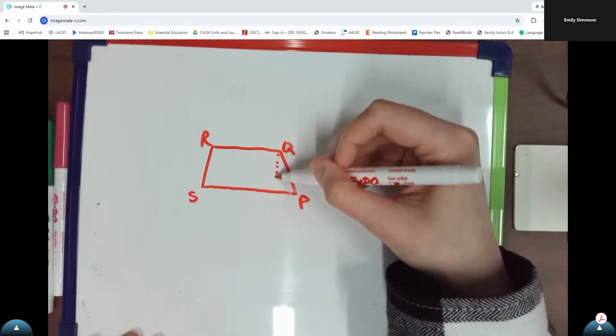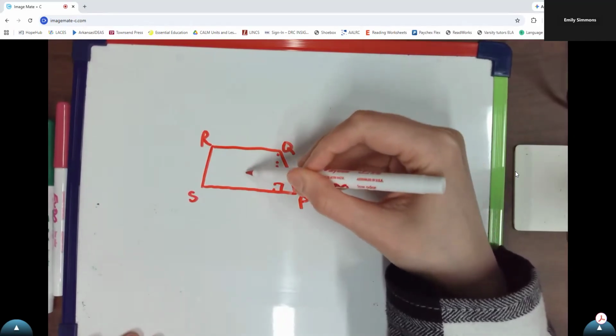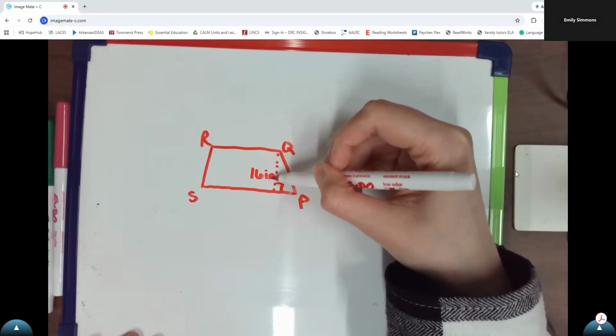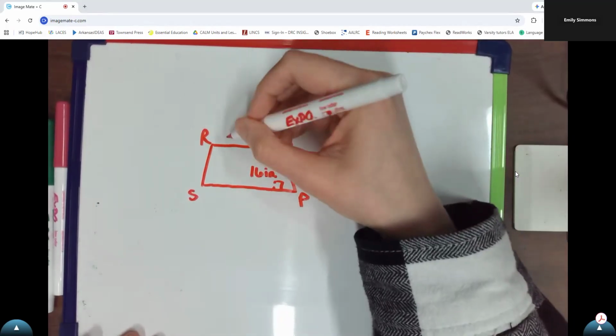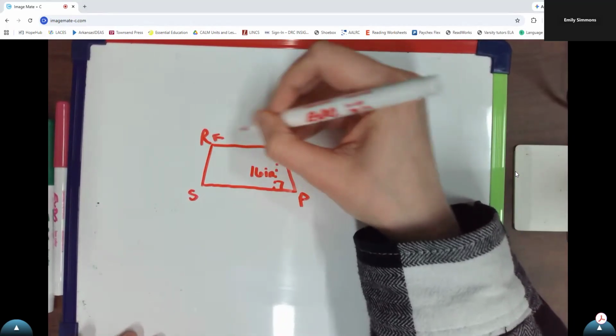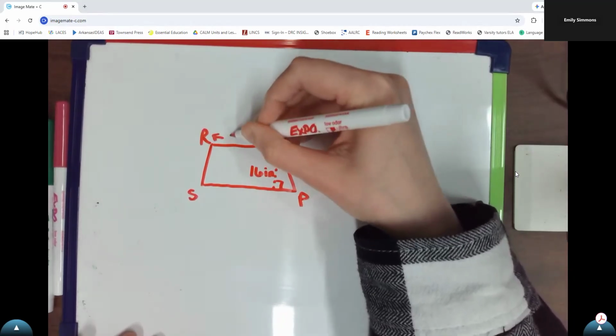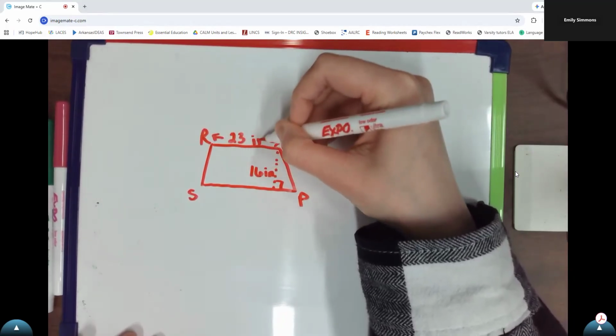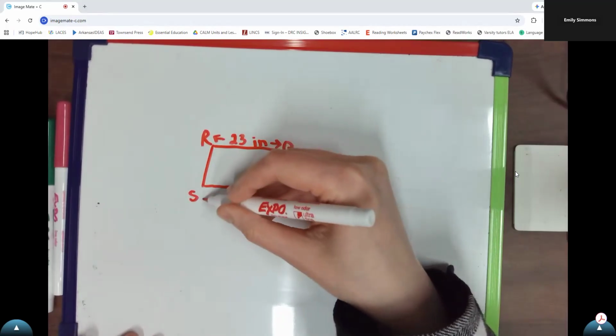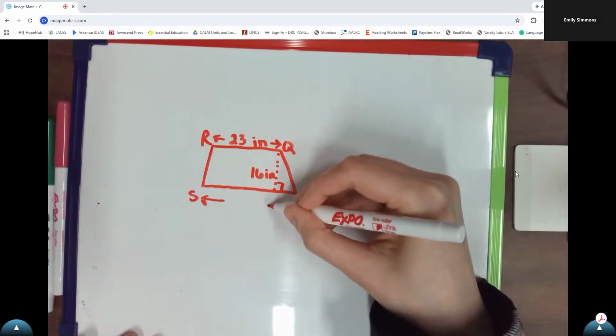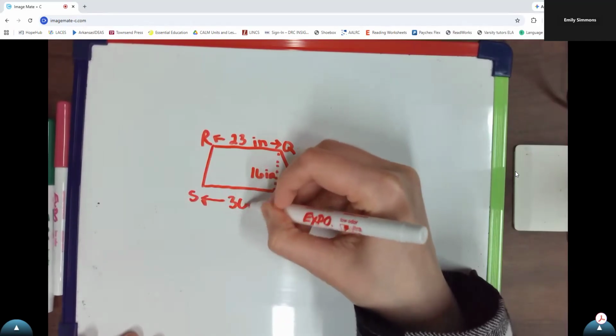The height is 16 inches. The top base, and they drew some arrows to show it was the top base, was 23 inches. And then the bottom base, they also drew some arrows here, was 30 inches.